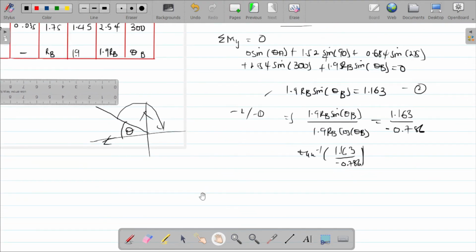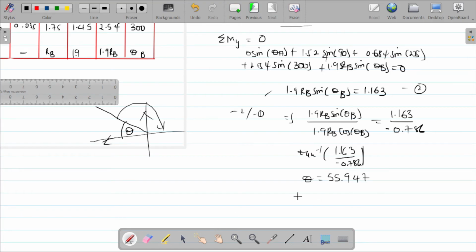So we have tan inverse of 1.163 over 0.786. Okay, so we are having theta to be equal to 55.947.